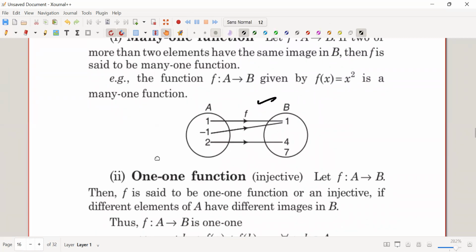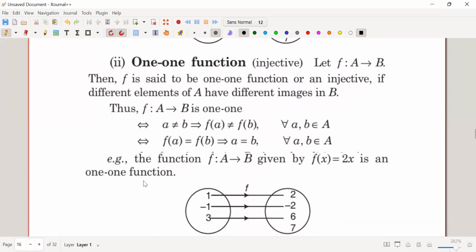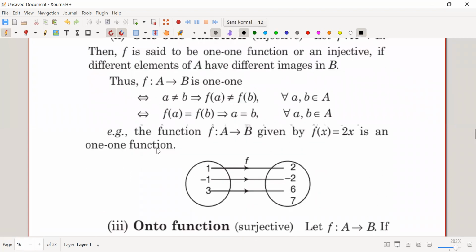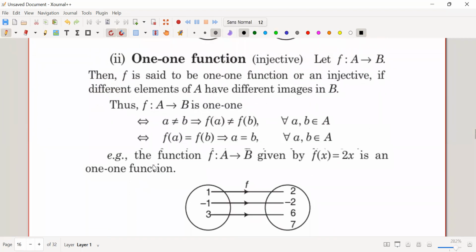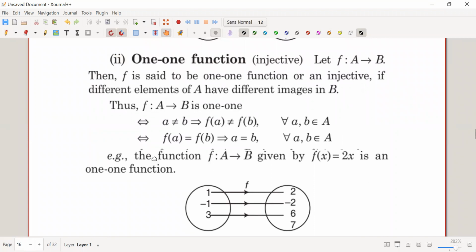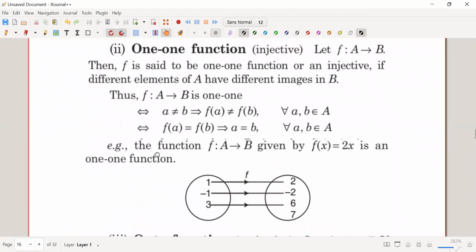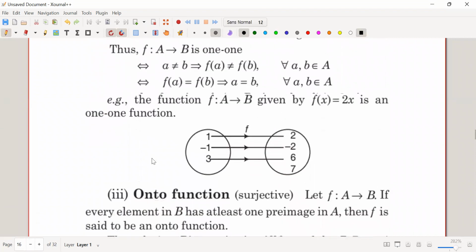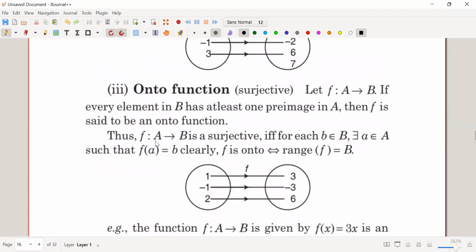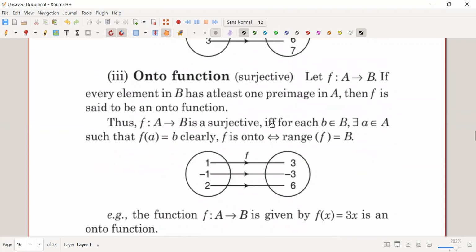Then one to one function. Some element should be left out. Okay, injective, one to one function. Then onto function. Okay, in onto function.